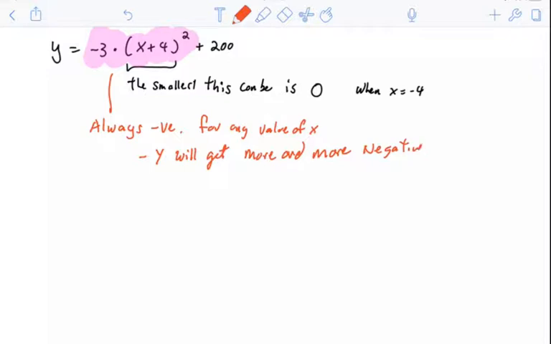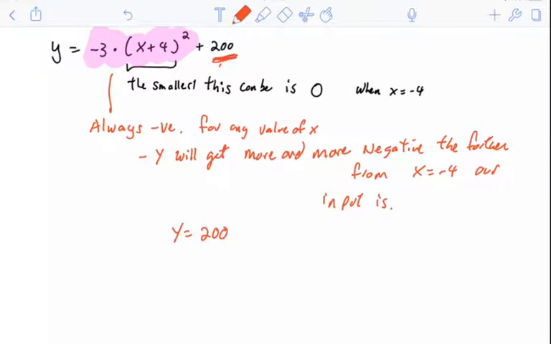And that means that the function is going to get more and more negative depending on x, the farther from x is equal to minus 4 our input gets. Right? And so the overall value is going to get smaller and more and more negative, and thus y is equal to 200, which is the output when the first term is at its smallest, is the maximum value.